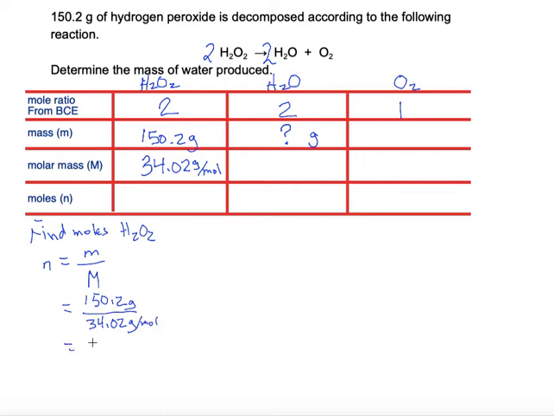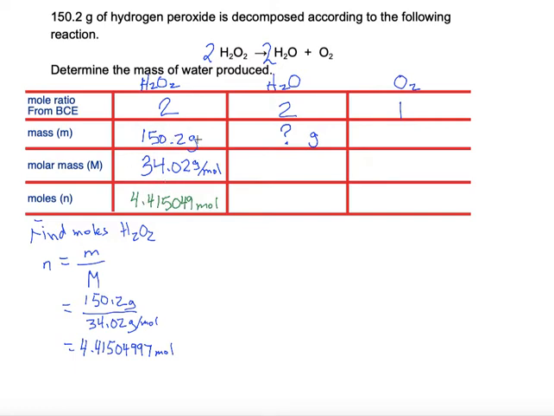And you would end up with a number of moles of 4.41504997 moles. So now we know this part. We can now fill in this chart, and I'm going to do that in a different color here. This is 4.415049 moles.